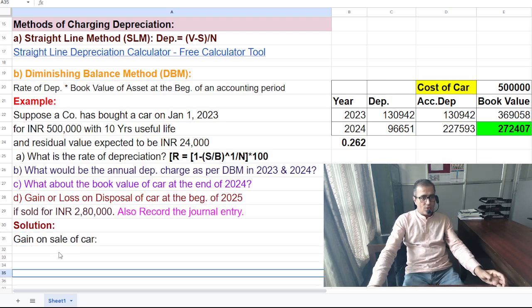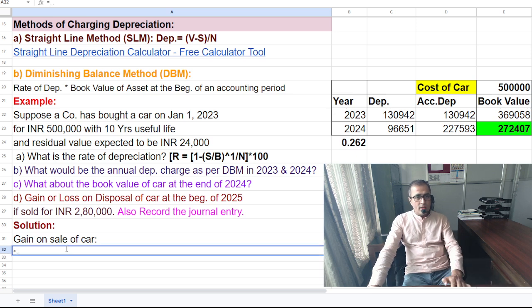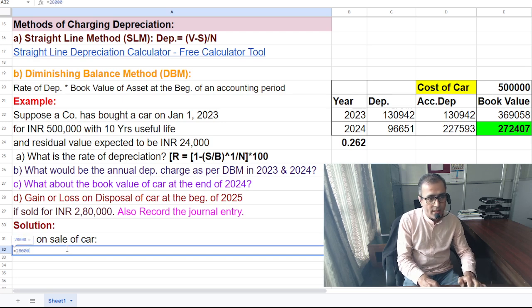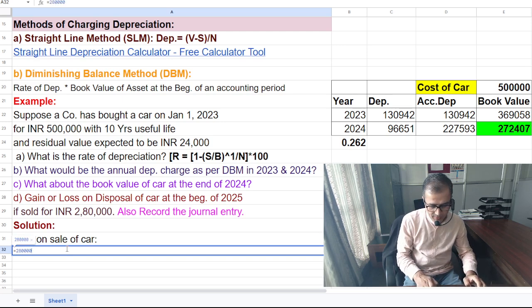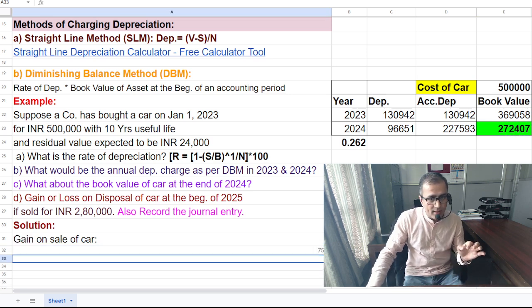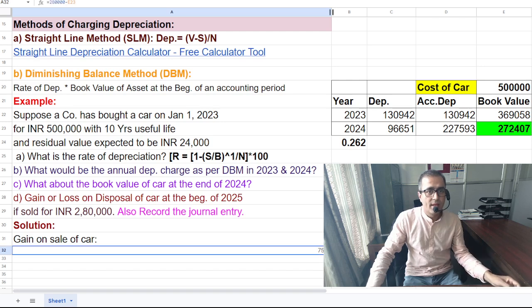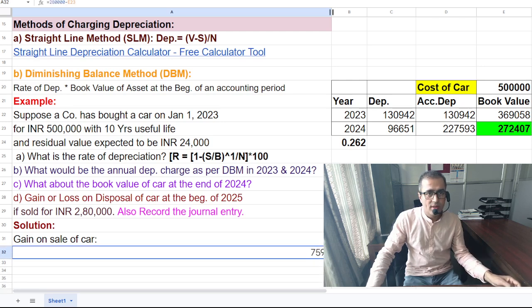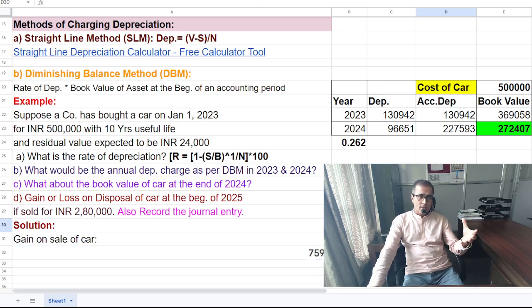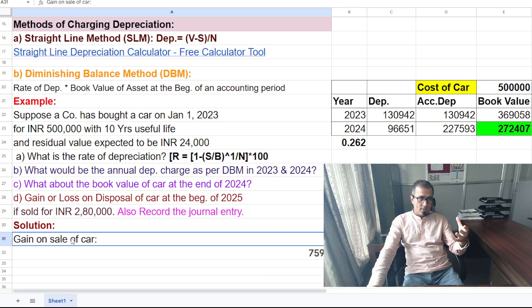You are selling for 2,80,000 minus this book value. That means this is your gain, of 7,593.